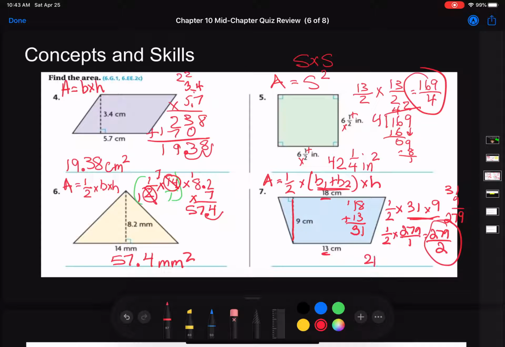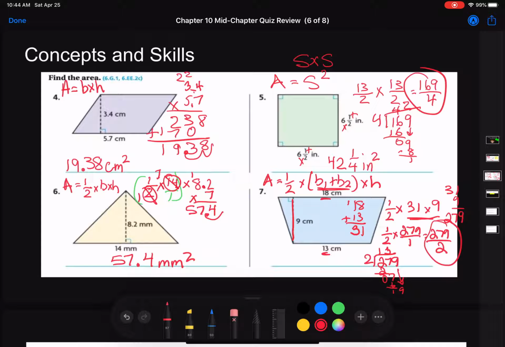So you're going to go 2 into 279. See if I can do this without running out of space. We all know it's not going to go in evenly. So now 2 times 3 gives me 6. That's as close as I can get to 7 as possible, and I'm going to subtract. I get 1 left over, and then I'm going to bring down that final number, that 9.